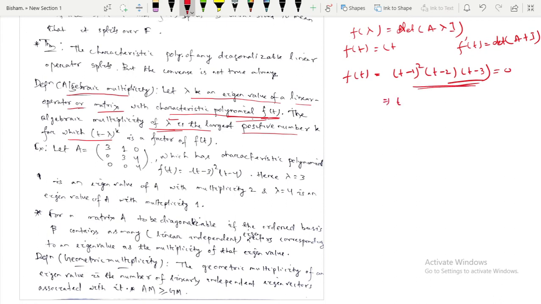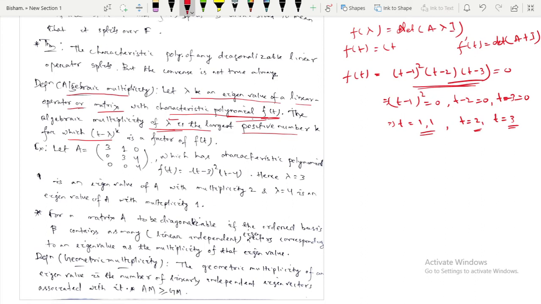That means (t minus 1) square equals 0, t minus 2 equals 0, and t minus 3 equals 0. This implies t equals 1, 1, t equals 2, or t equals 3. That means you are getting the eigenvalues 1 repeated twice, eigenvalue 2 one time, and eigenvalue 3 one time.